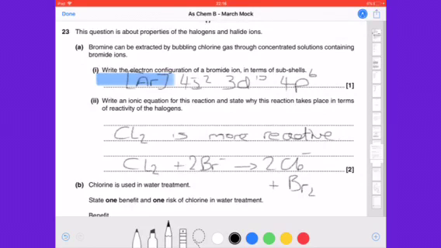And that is because chlorine reacts with the bromide ions and takes the electrons in order to do a little bit of a redox reaction there.